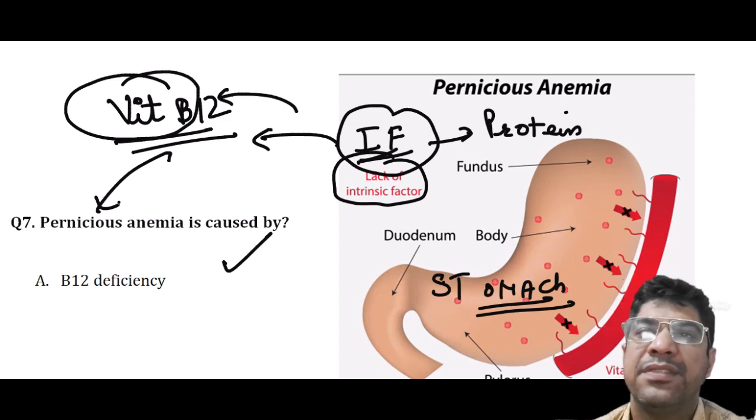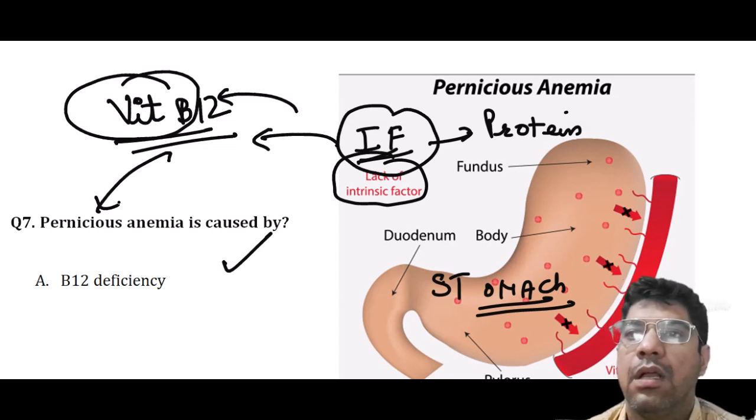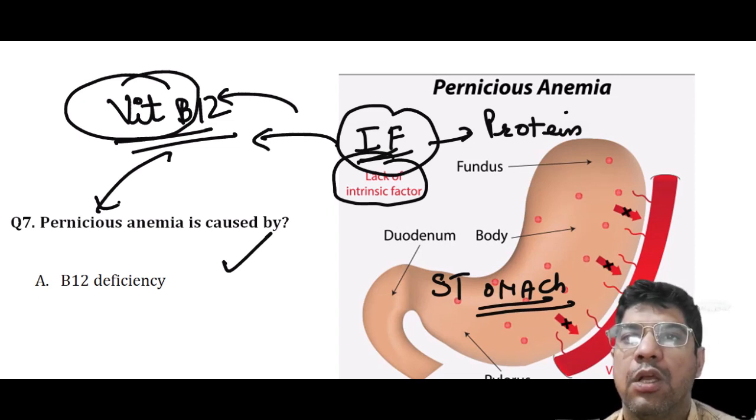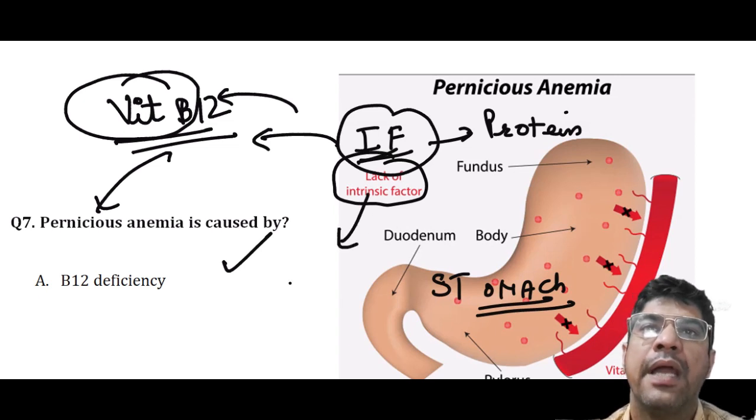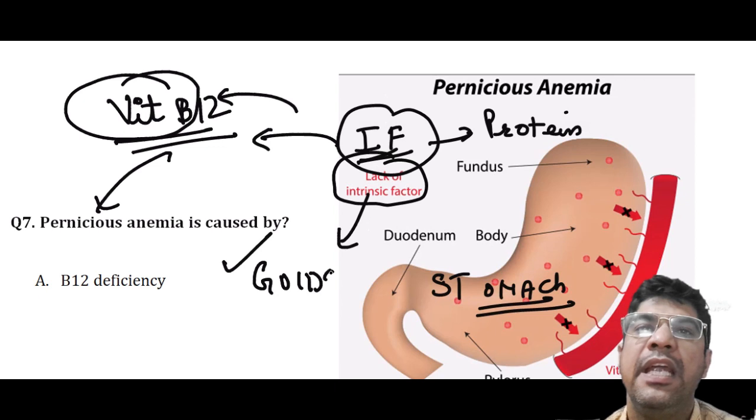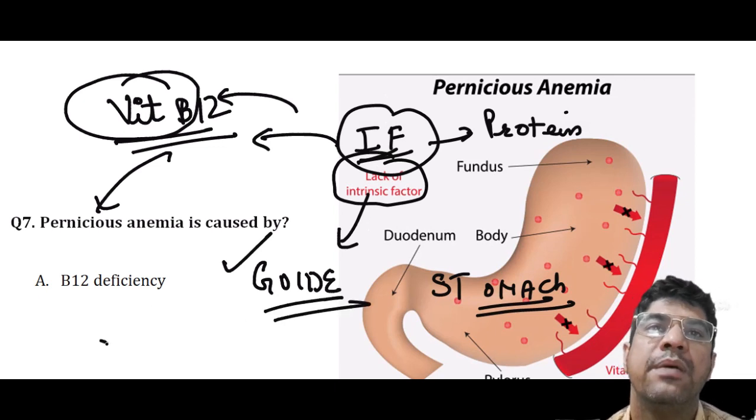It acts as a tour guide, escorting vitamin B12 through the lining of your small intestine and into your bloodstream. Think of intrinsic factor as a guide that will lead you through a museum.